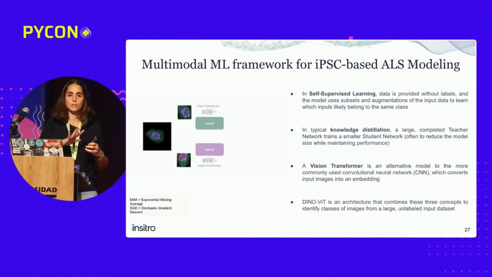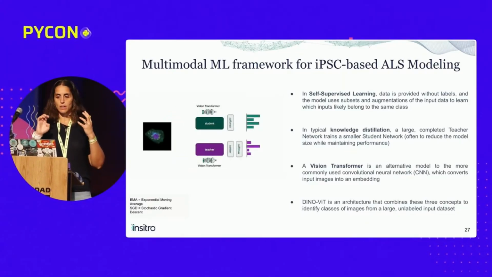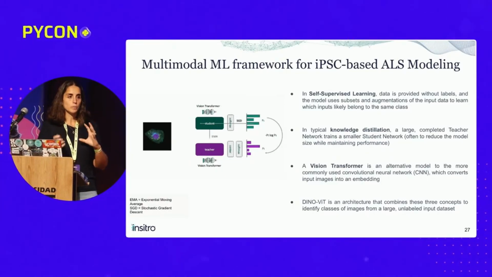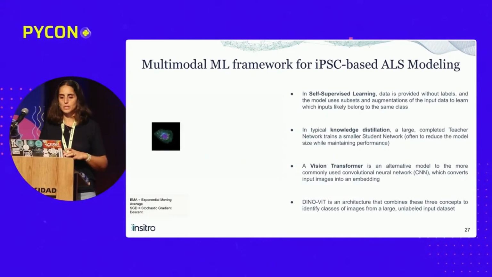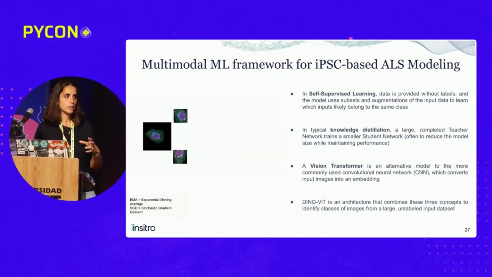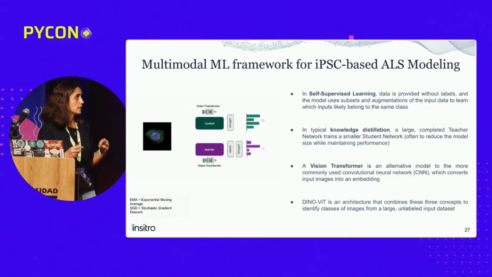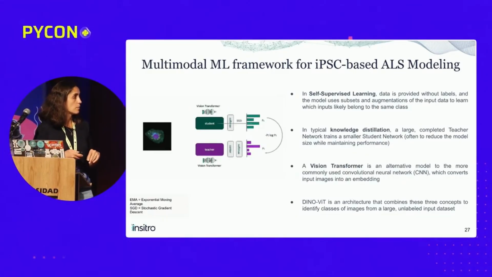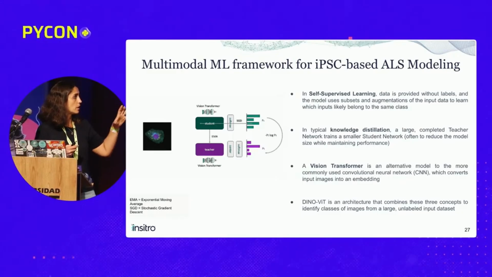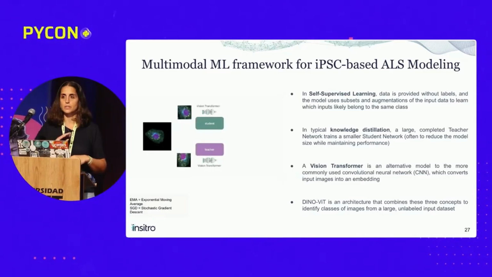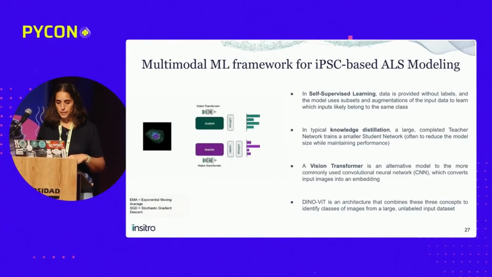The model then uses subsets and augmentations of the input data to learn which inputs belong to the same class. We have been leveraging extensively the DINO ViT architecture, which combines the concepts on this slide to help us classify images in a large unlabeled data set.